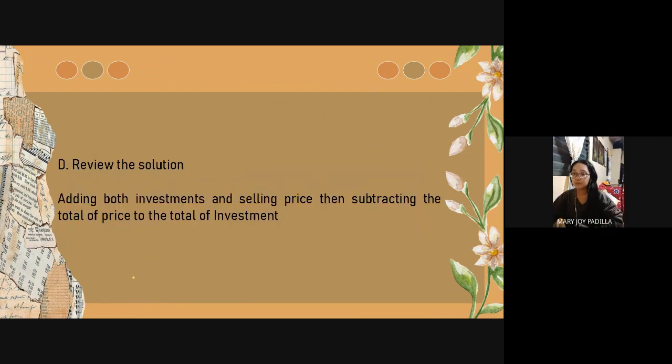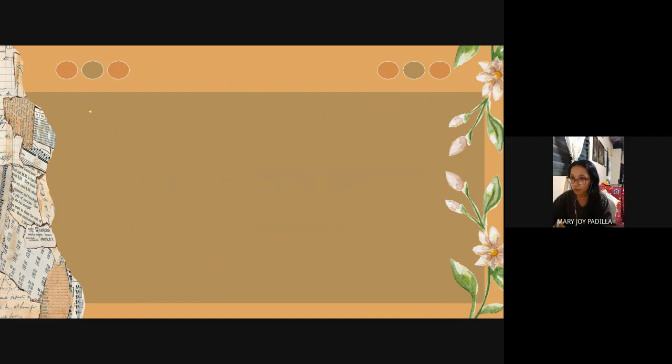So, the review of the solution, paano na-review natin ang solution? Adding both the investing and selling price. Then, subtract the total of the price from the total of investment. So, very easy. 60,000 pesos plus 90,000.